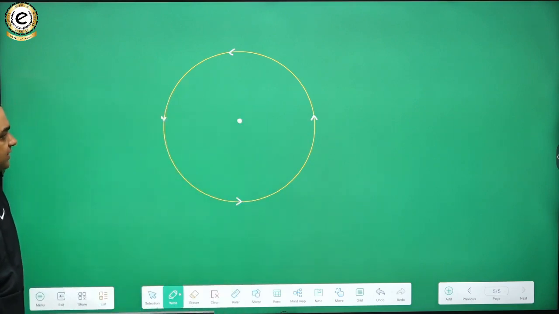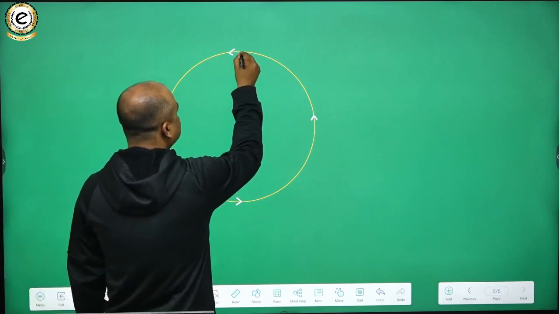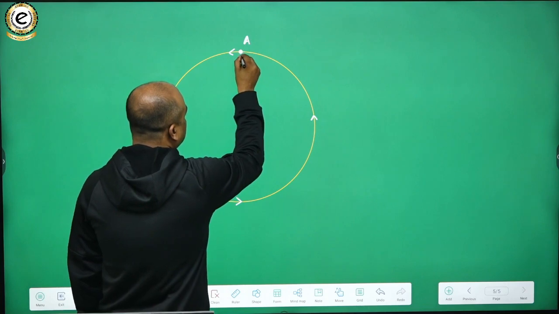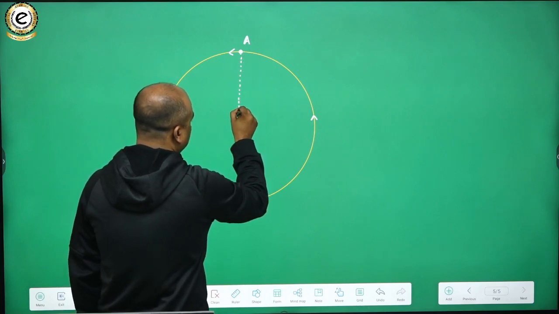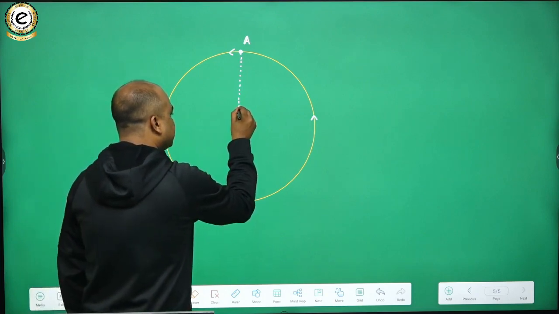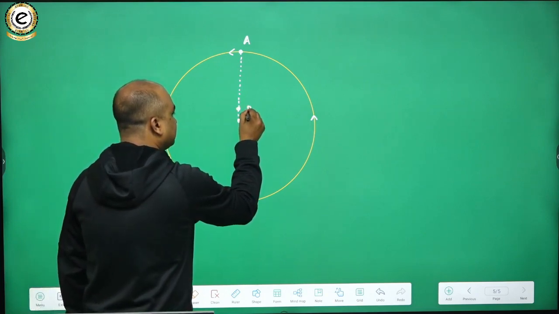And now let me assume that there are two further points. We hold this as one point, A, and let me draw a line to the central point, and let me hold another point here as B.